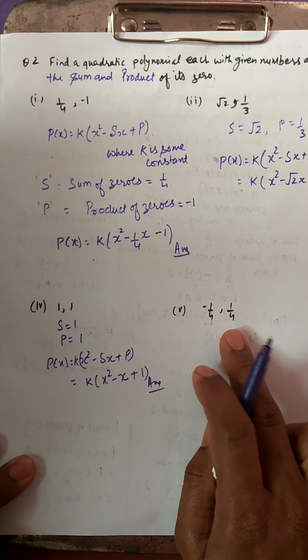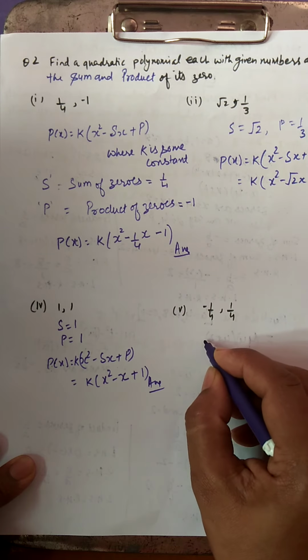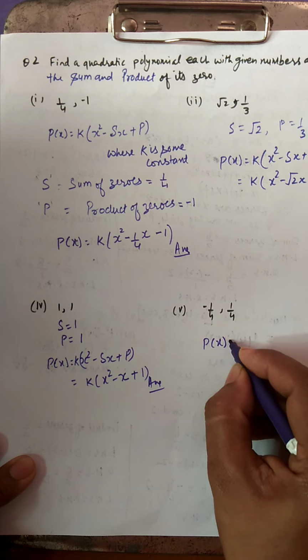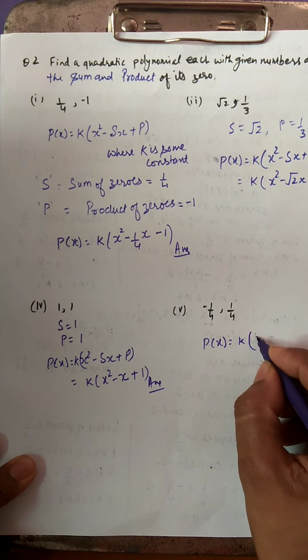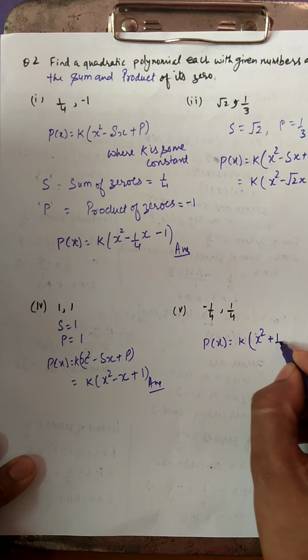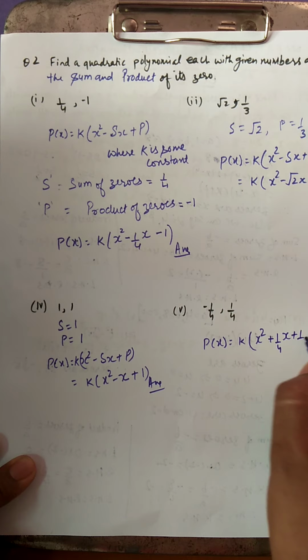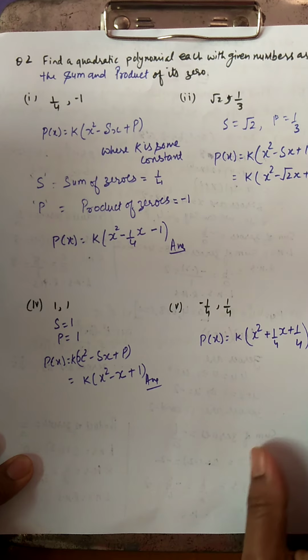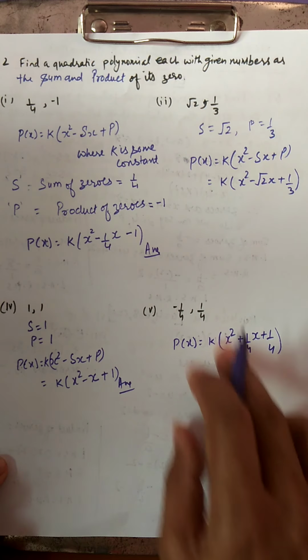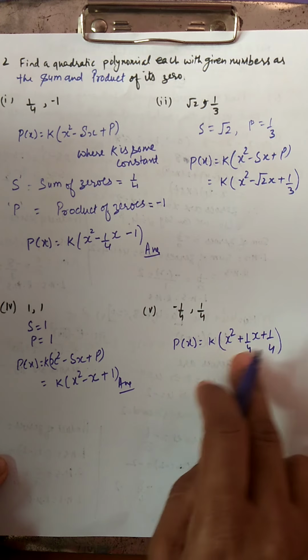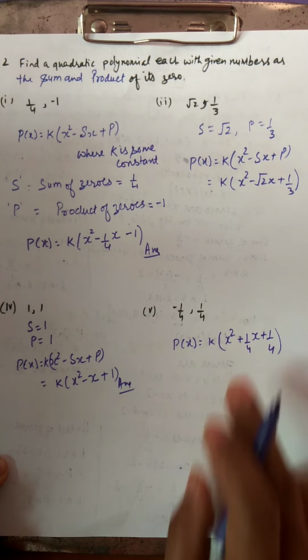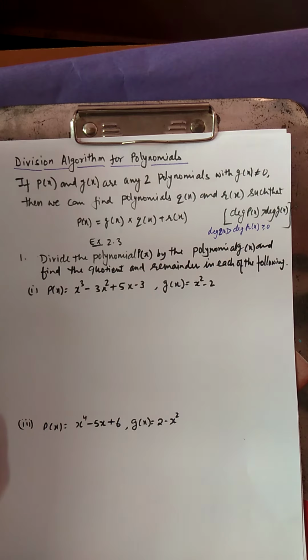And now I want you to also think of how to write the polynomial. For the time being, I'm just writing the answer directly: x² + 1/4 x + 1/4. And you can see how I have done this. You can apply this formula and you can come to this answer. So this answer should be matched.